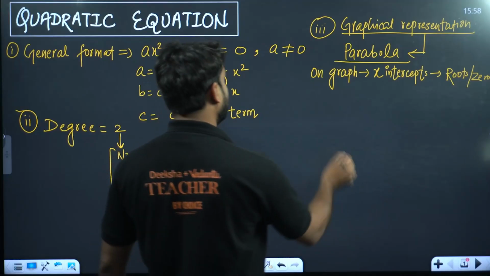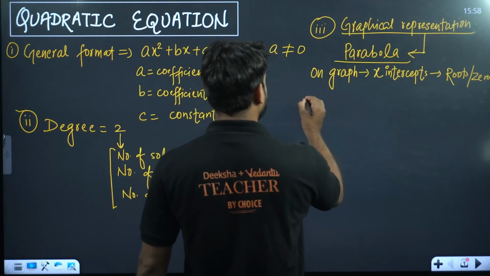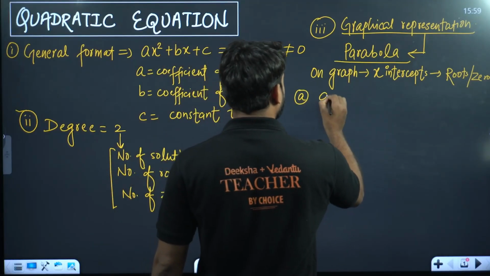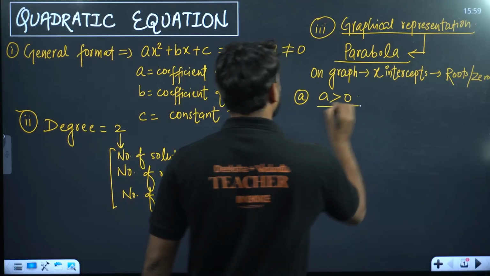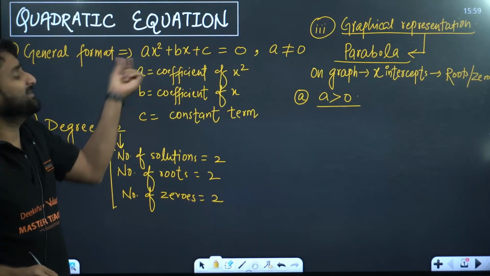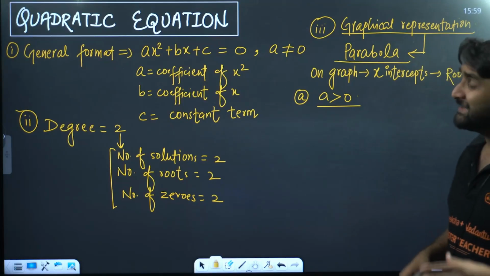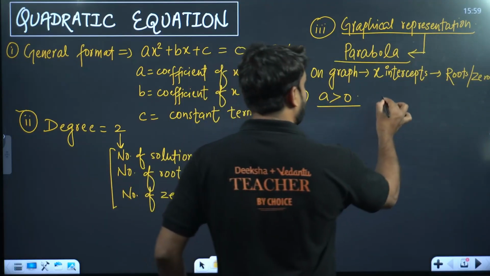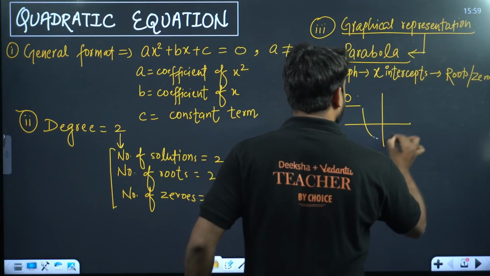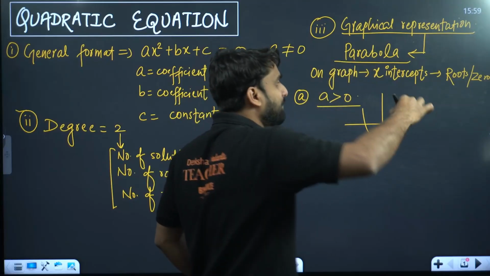Now, how to decide? The first situation I'm telling you: if a is greater than 0, if the coefficient of x square is greater than 0, means positive. If a is positive, in this case the parabola always has an upward opening, an upward parabola.